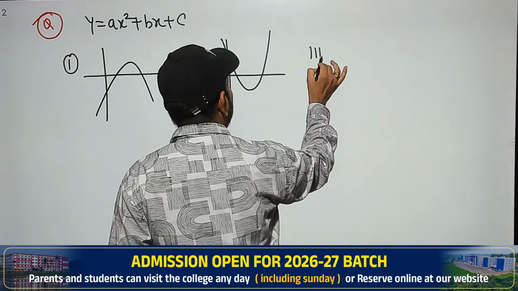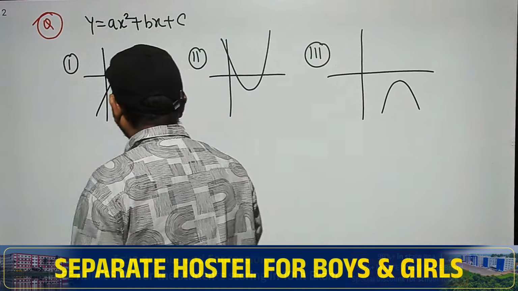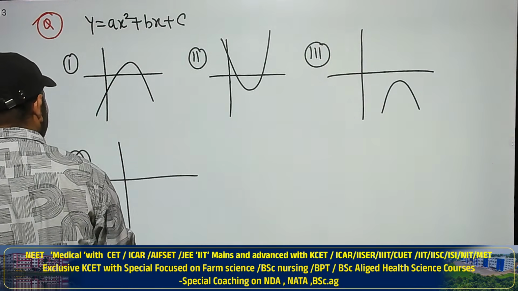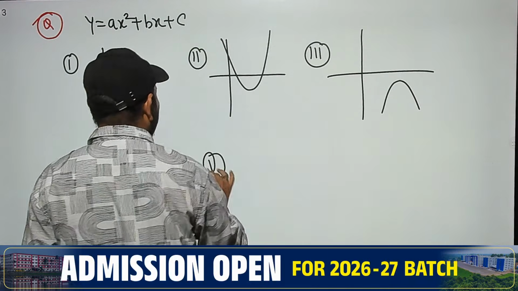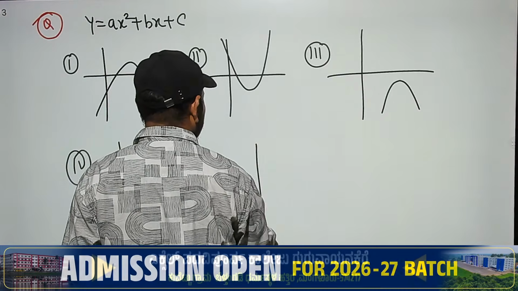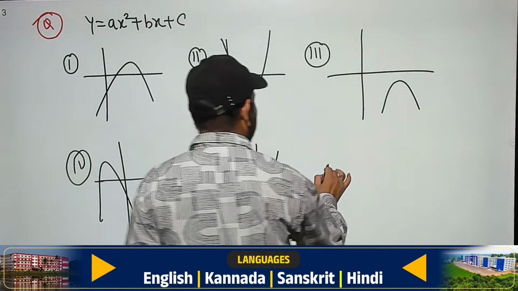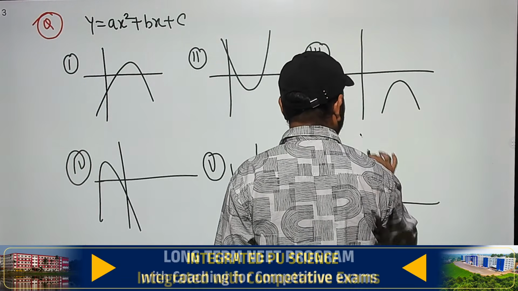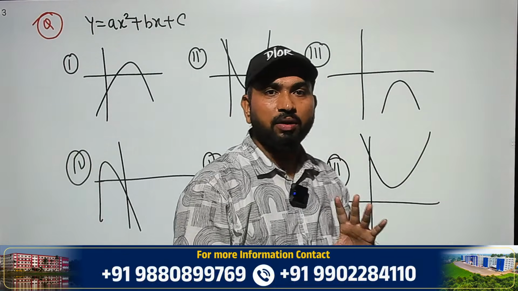The third, fourth, fifth and sixth graphs look like this. Now you need to identify the signs.